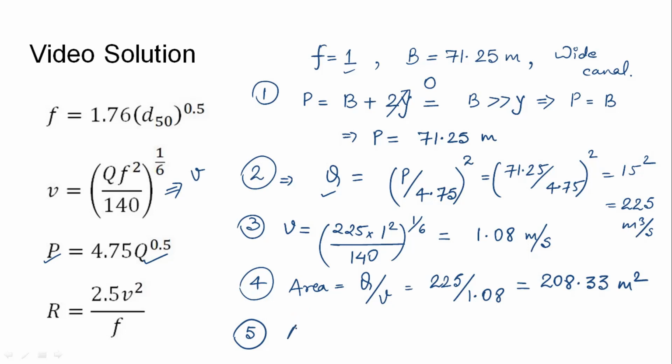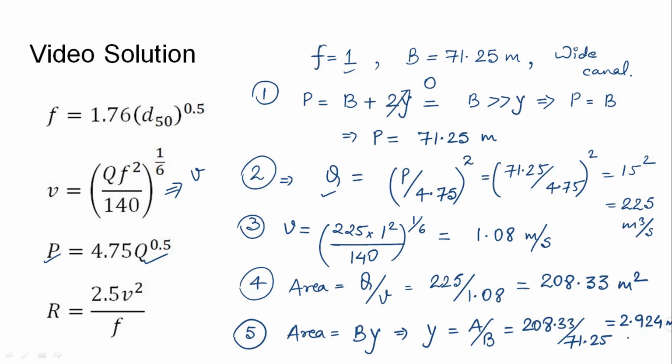We know that area for a rectangular canal will be the width times depth. So the depth will be area over width, that is 208.33 over 71.25. This would be 2.924 meters, which can be approximated to 2.92 meters, since the question asks us to approximate it to 2 decimal places.